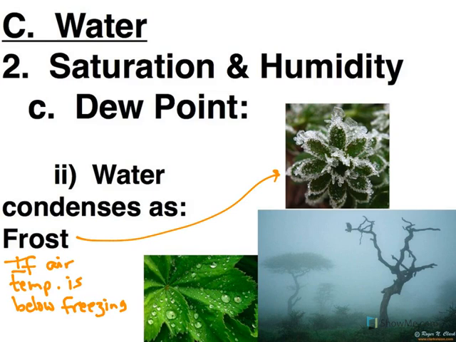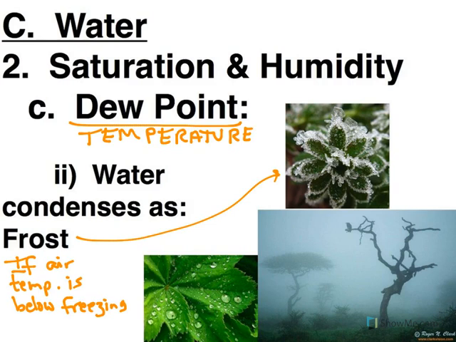So all of these things are related to the temperature dropping below that point of saturation, where dew point is the temperature of saturation. So always associate dew point with the word temperature, because it depends on the humidity level, what temperature is needed to reach dew point.